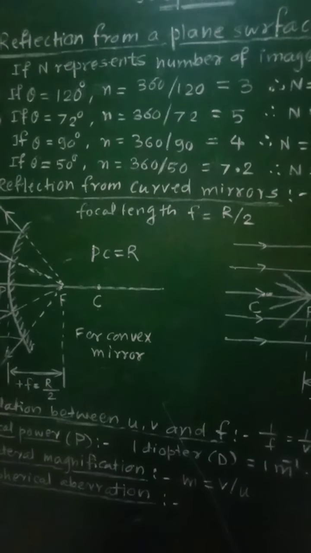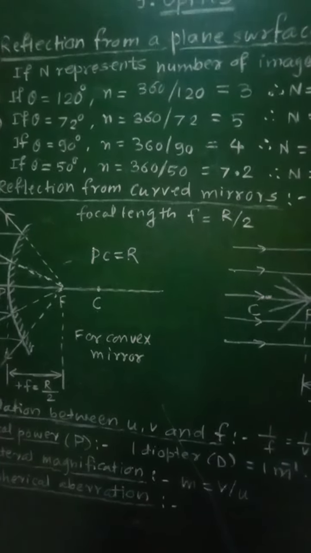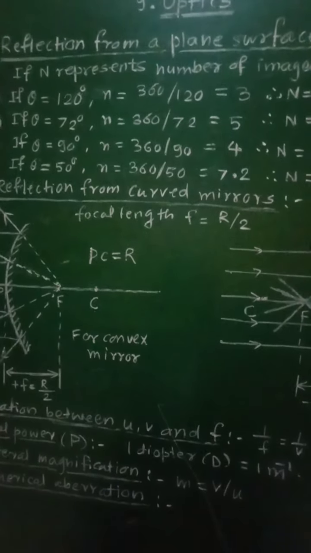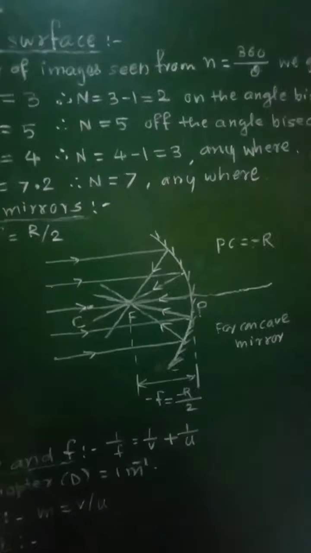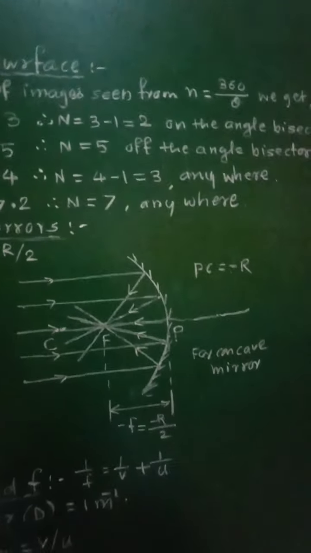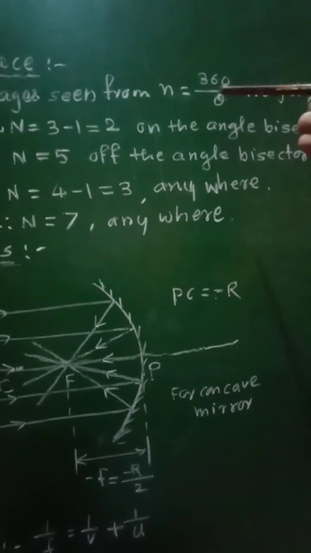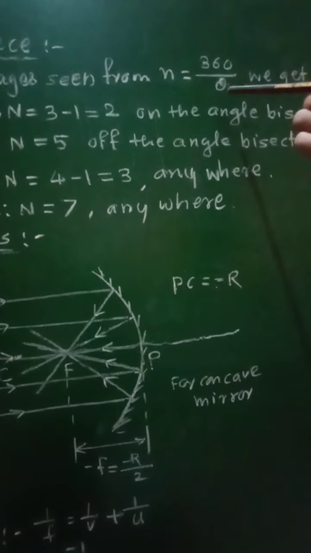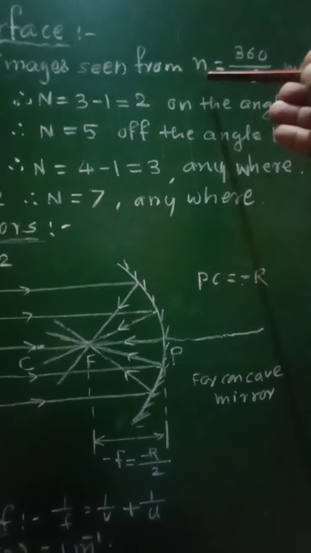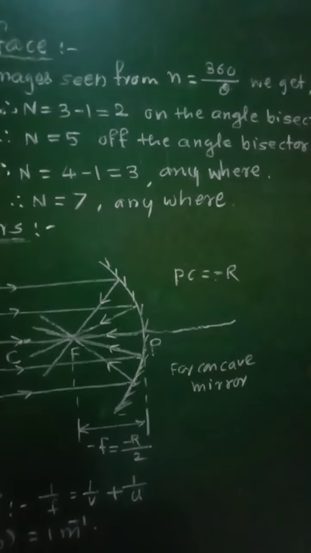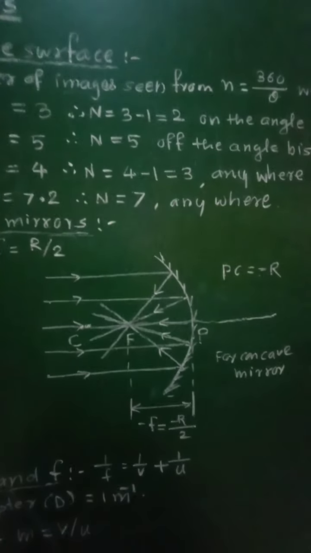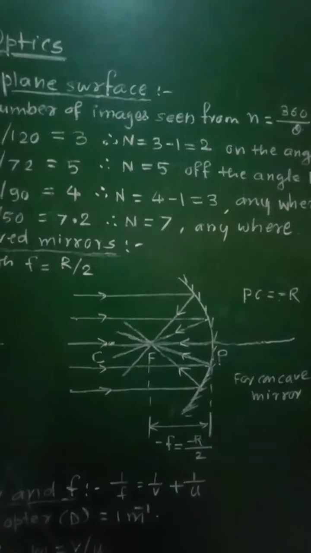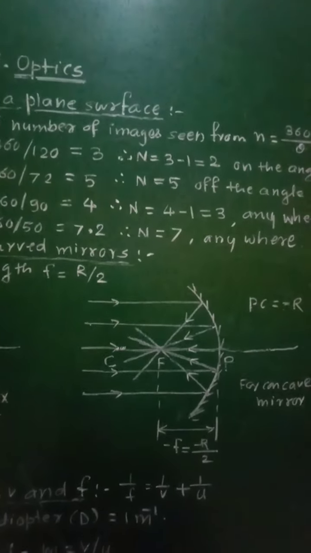The formula for the number of images formed between the two mirrors inclined by angle theta is given as n is equal to 360 upon theta. This n will represent the number of images formed between the two mirrors, and therefore n is equal to 360 upon theta will give us the number of images formed.